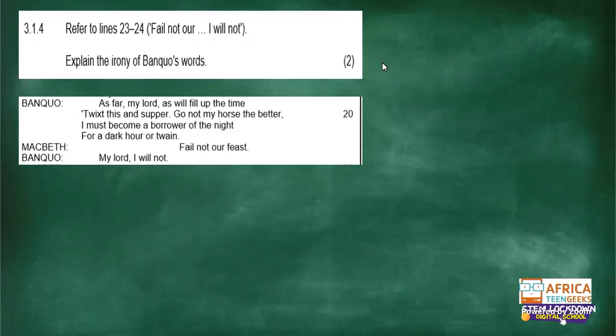Irony is a figure of speech. Okay, let's take someone else. I see another hand here. It's an expression in which you mean the opposite of what you're saying. Yes, absolutely. Thank you so much, Aya.